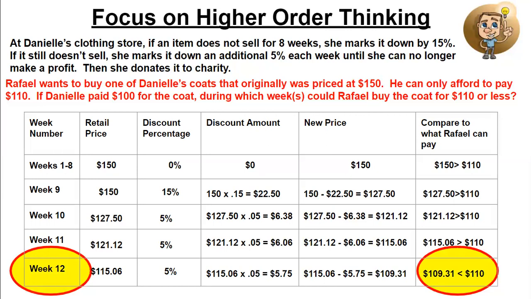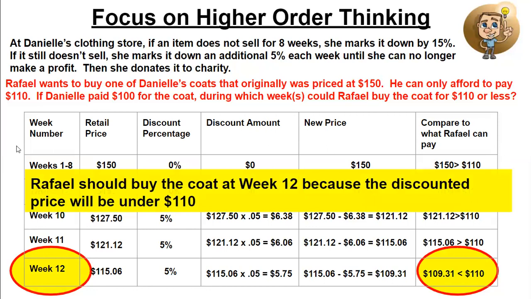So maybe he'd want to wait to week 13 because then he would get a little bit of a better deal. But someone might buy it, so maybe he's best to buy it just at week 12. So Raphael should buy the coat at week 12 because the discounted price will be under $110. That was a fun problem, wasn't it? I liked that problem.